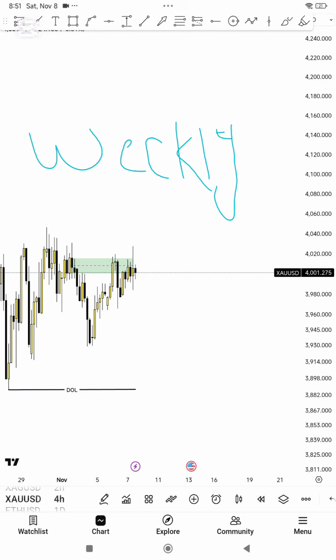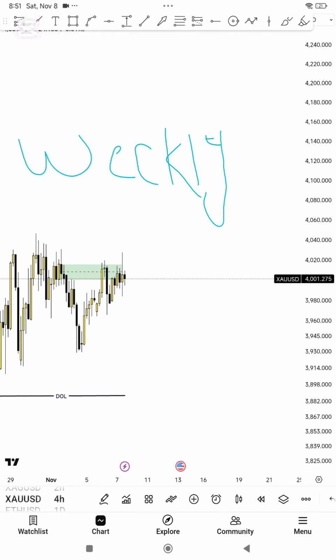Remember, when your bias is clear and your direction is clear, you can take any trade confidently, and you can easily hold it longer because you already know where the market wants to go. Today our main focus is to understand how a weekly candle forms, how it reacts, and most importantly how we can catch its low and high, how we can catch its low in a bullish scenario.